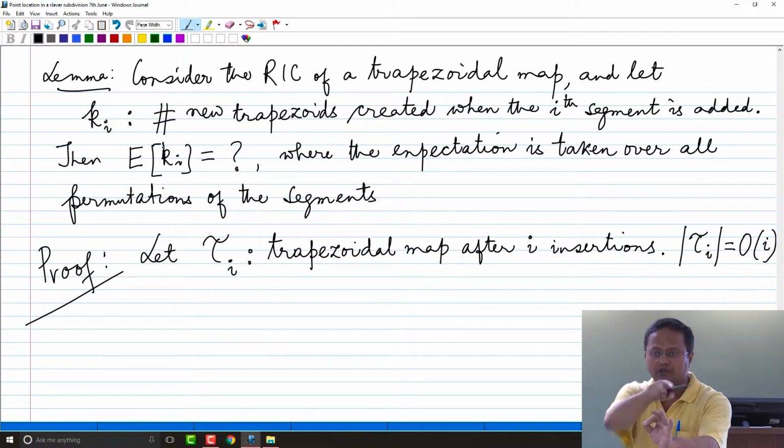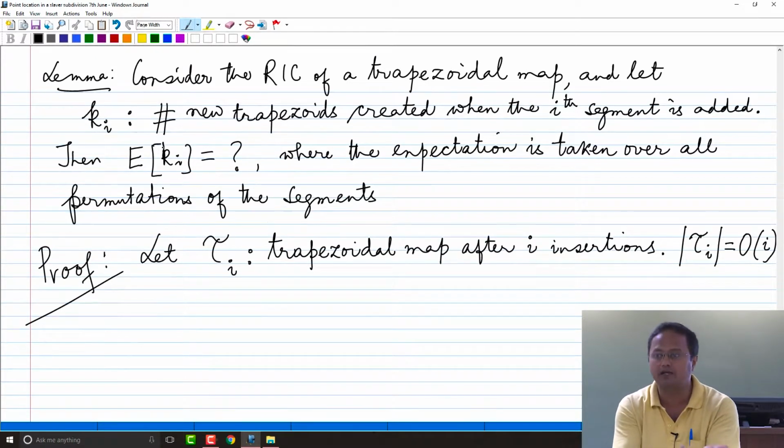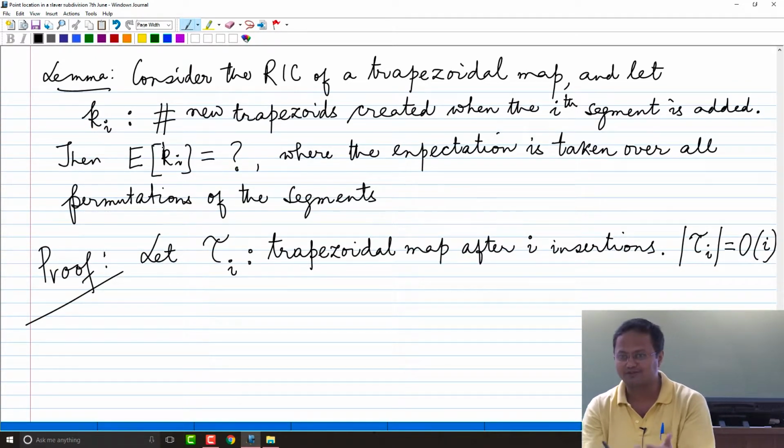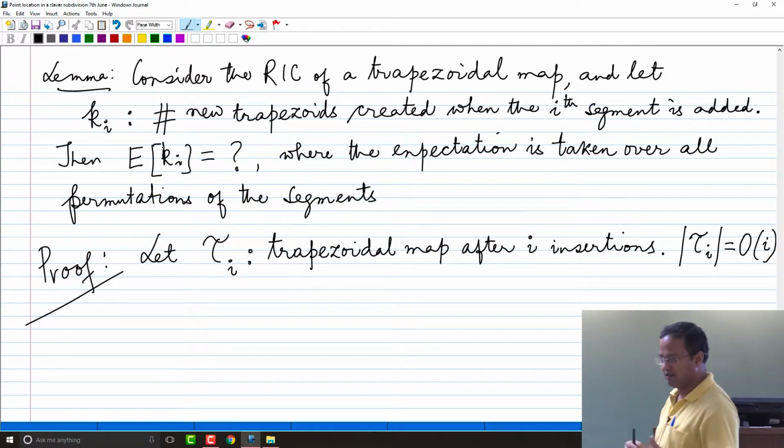If and only if this was one of these 4 lines, and that probability is going to be very small. This is the logic I will play on.